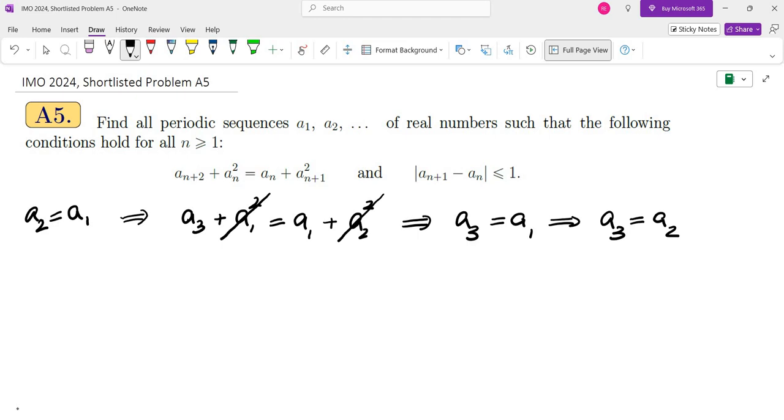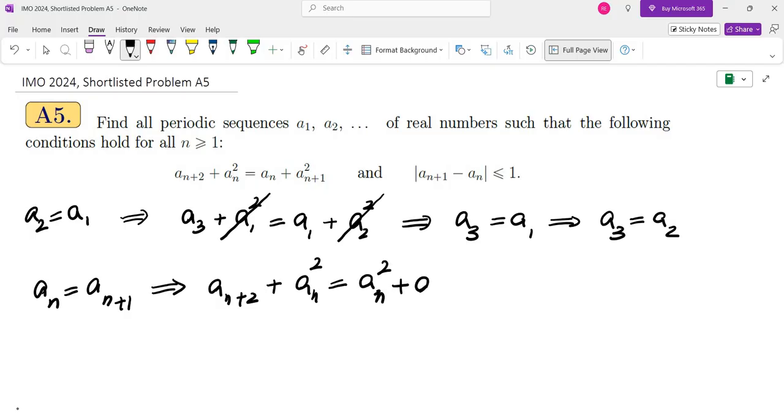So this means the sequence is going to be a constant sequence, because essentially from a_n equals a_{n+1}, I obtain that a_{n+2} + a_n^2 equals a_n^2 + a_n.